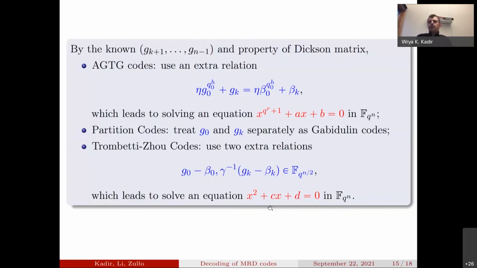So surprisingly, the problem is changed to solving this quadratic equation. You can see the differences between the decoding of AGTG codes, partition codes, and Trombetti-Zhou codes. These are the processes of finding omega in these three different decoding algorithms.